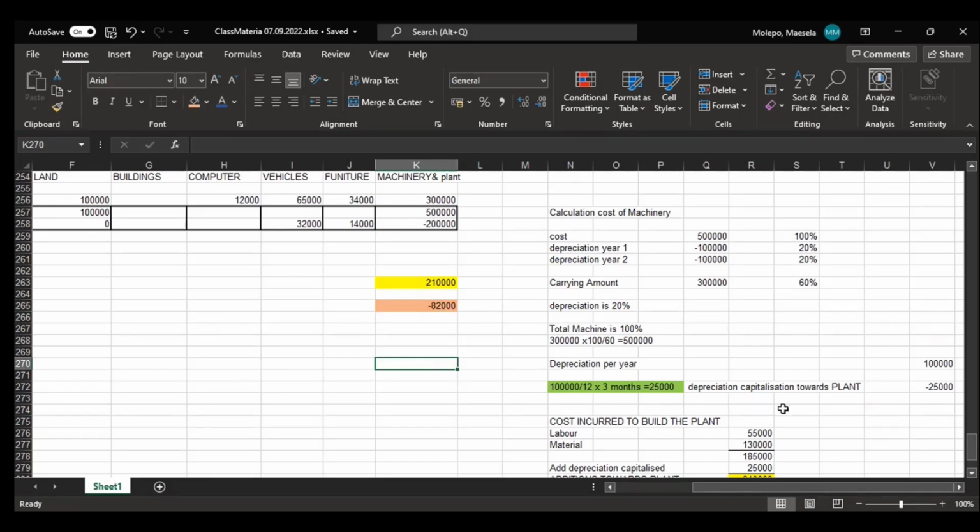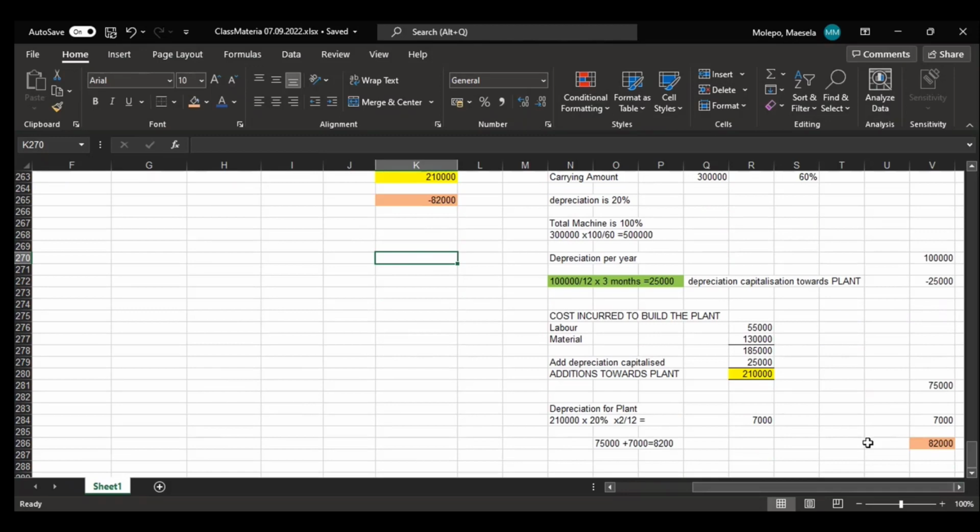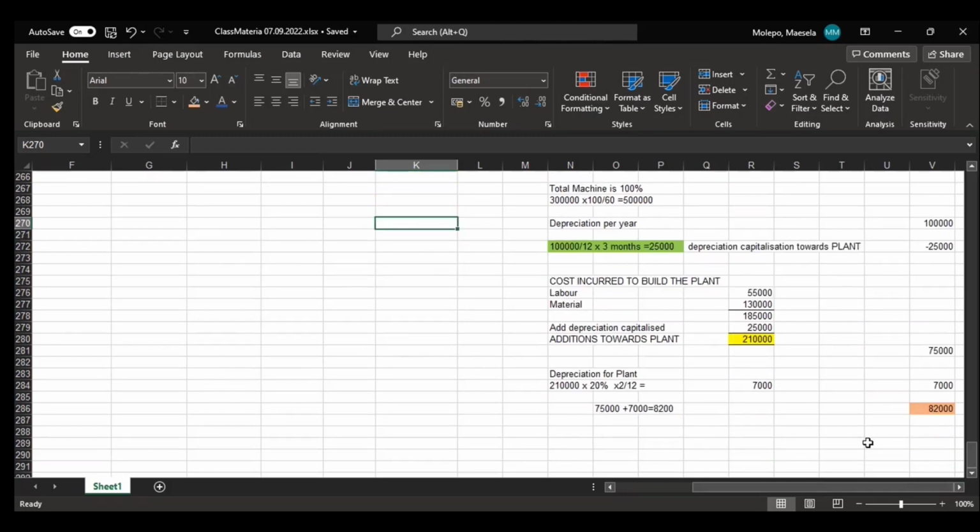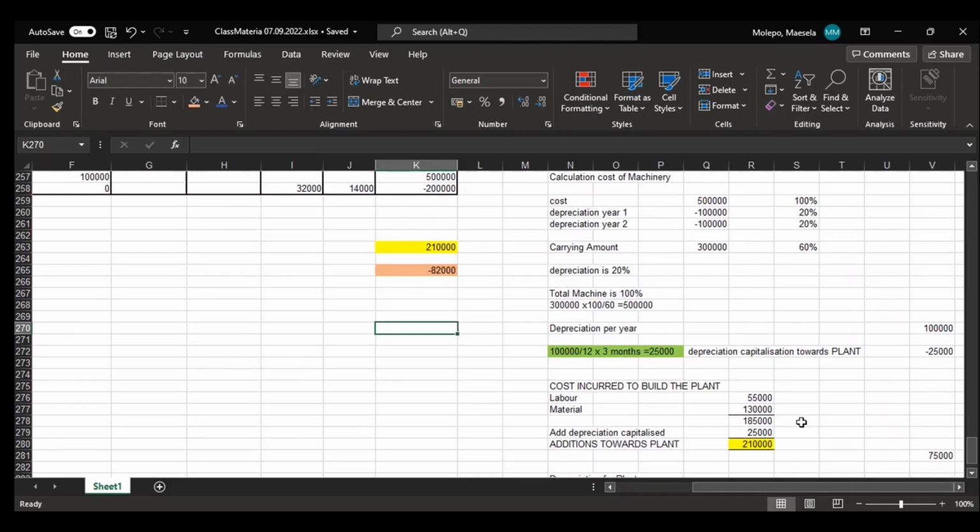Sir, the 25,000 for depreciation capitalized. Are we going to subtract it, or are we going to put it in brackets, or just leave it? Are we going to put it in the brackets where? In the capitalized depreciation?